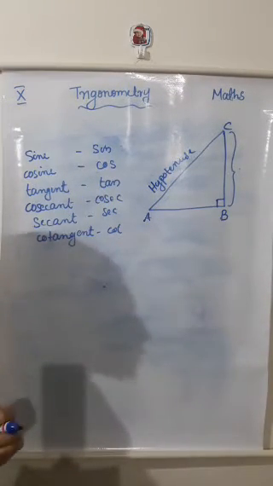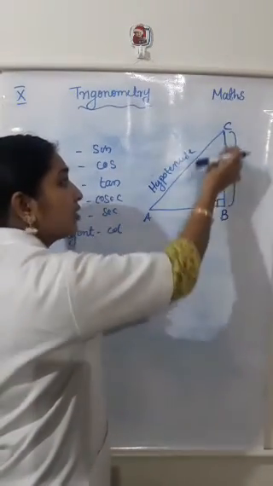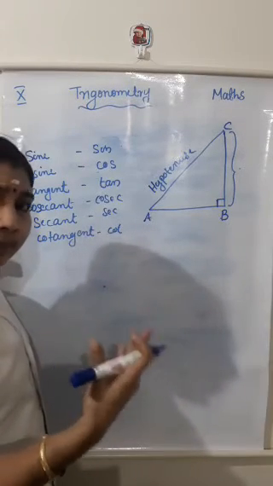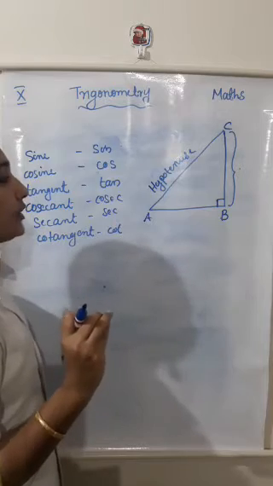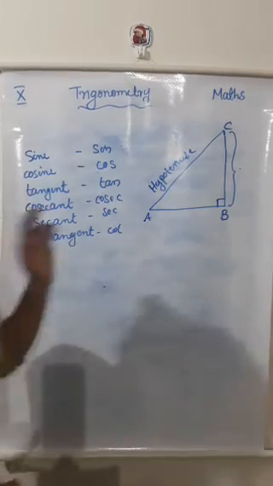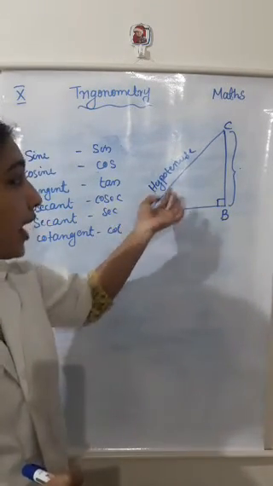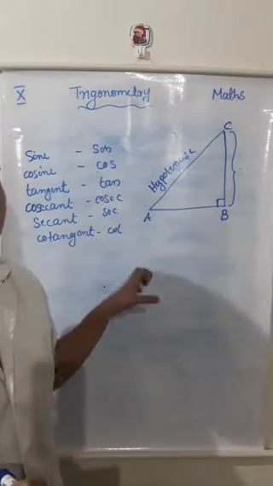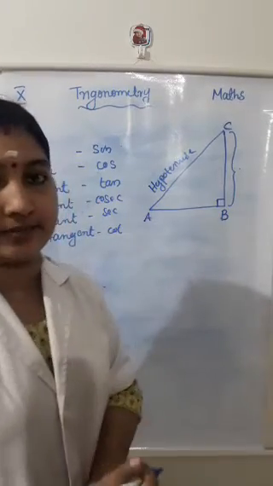Then in trigonometry, these sides are the altitude or base, or we can say perpendicular sides. In trigonometric ratios, we go by the acute angles in the triangle. Angle B is the right angle, and we consider the acute angles in the right triangle. Based on the acute angles, we call the sides opposite side or adjacent side.